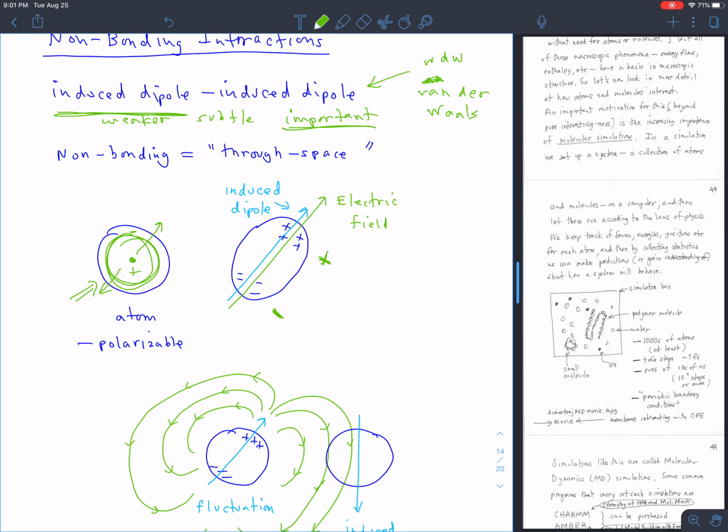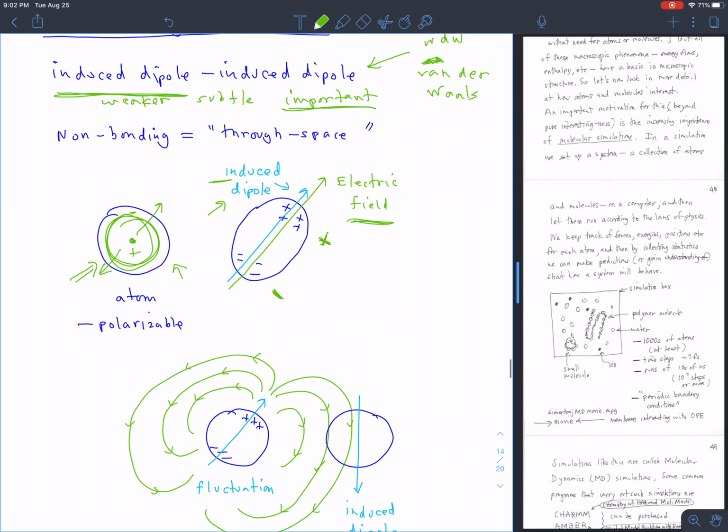And that's a dipole moment. It creates a dipole moment. And if you take the electric field away again, the dipole moment disappears. It's called an induced dipole. It's induced by the presence of the electric field.